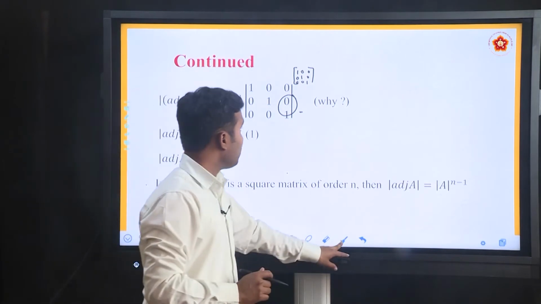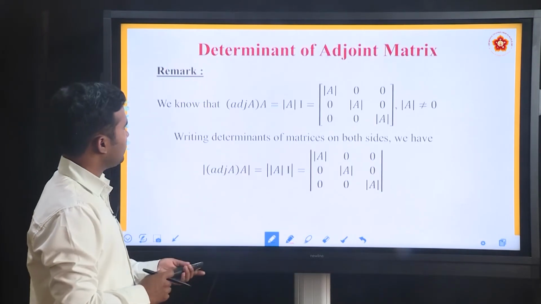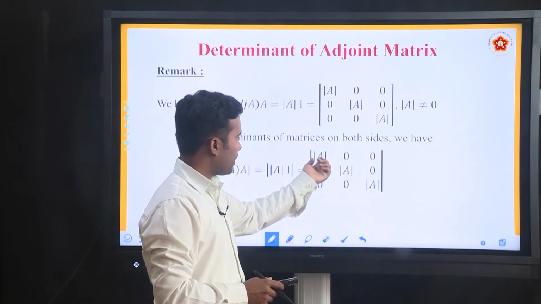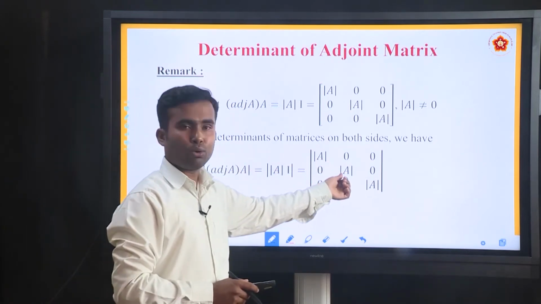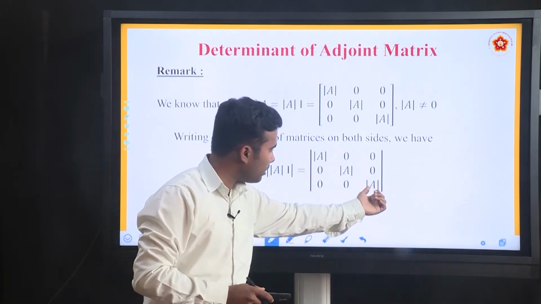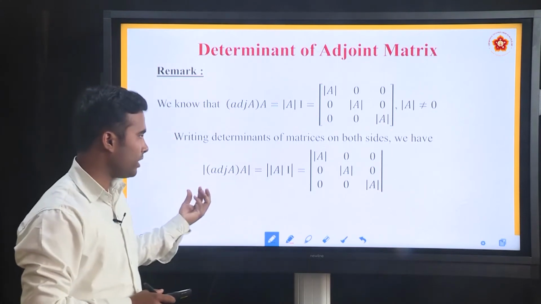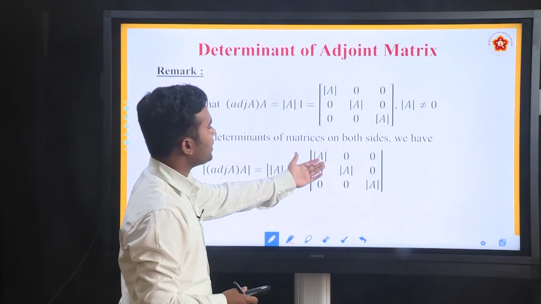Now you can tell me, look at this slide here. From row 1, I can take determinant A common, and from row 2 determinant A is common, and again from row 3 determinant A we can take as a common term. So how many determinant A's are there?